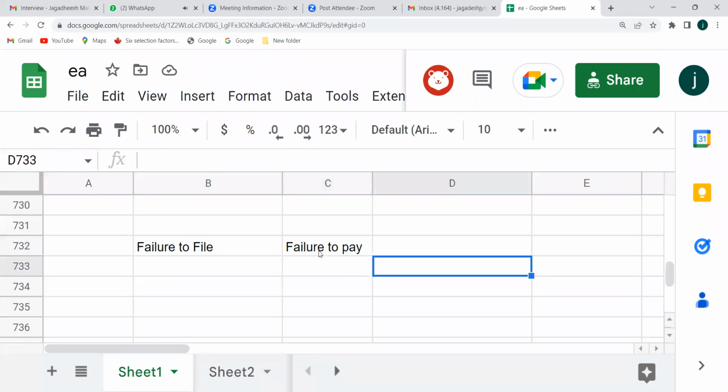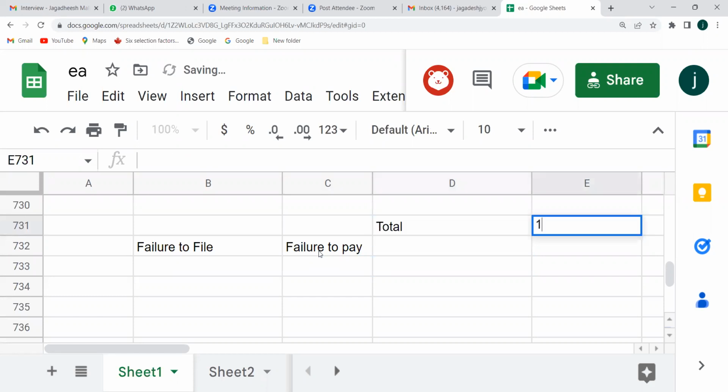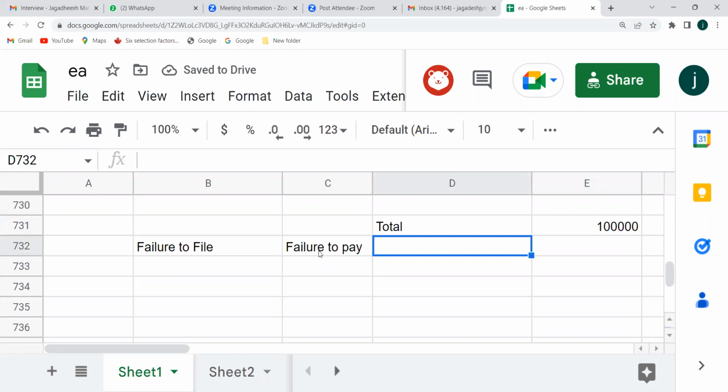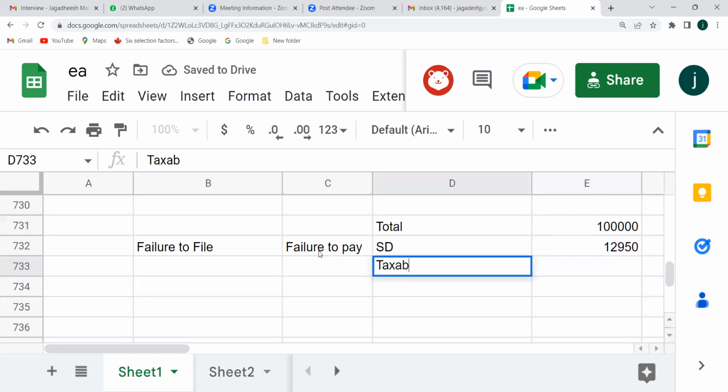For example, if a person's total income is $100,000, the standard deduction is 12,950. So what is the taxable income in this case?